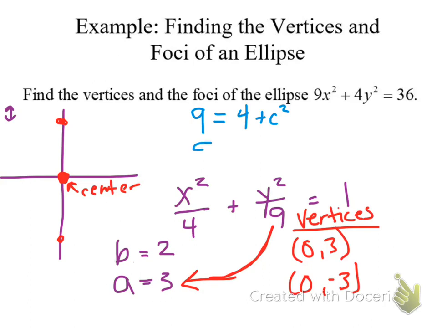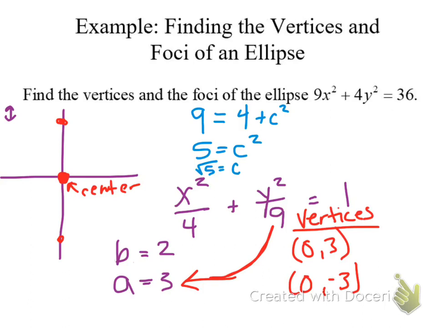So that would give me 5 equals c squared. So c is the square root of 5. I'm not going to try and add these together unless the problem tells me to round to the nearest blank decimal. And so if it doesn't say you need to round, then just leave it exact.